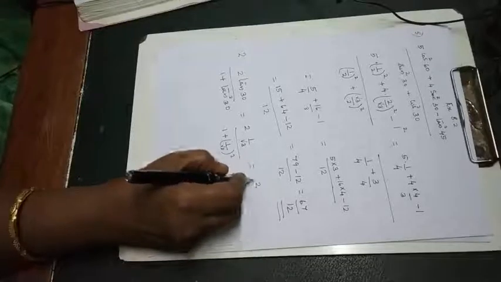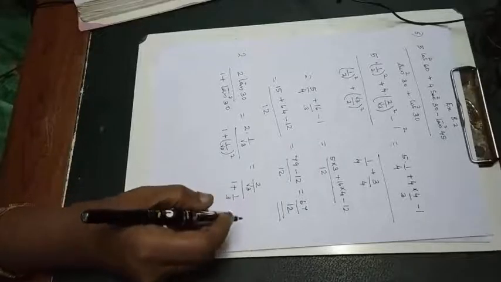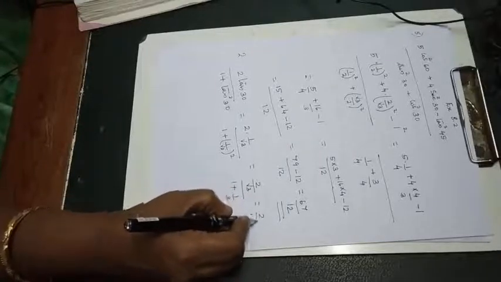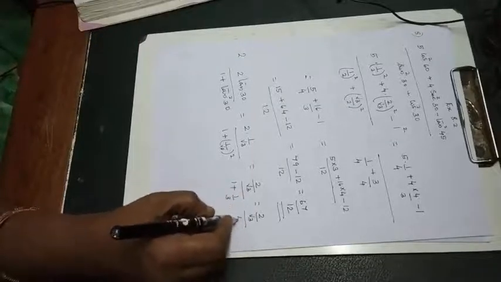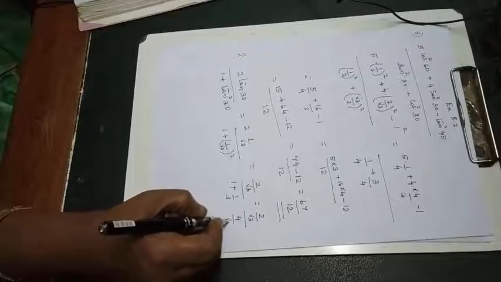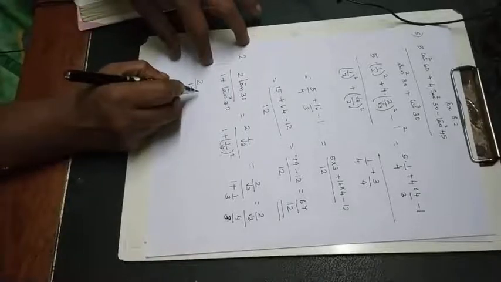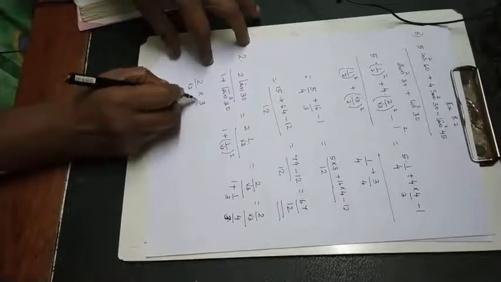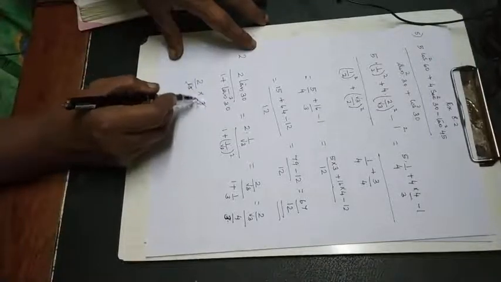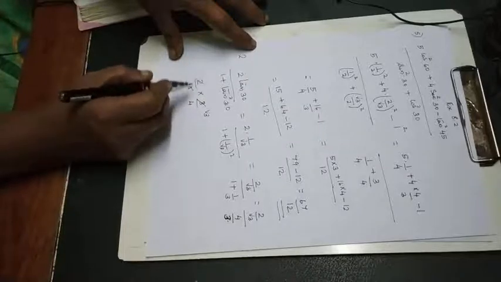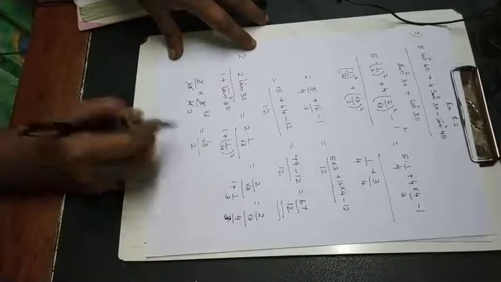So it will be 2 by root 3 over 1 plus 1 by 3, or 2 by root 3 over 4 by 3. So 2 by root 3 cross multiply 3 by 4. So root 3 you can cancel here, root 3 will come, and 2 you can cancel here, 2 will come. So final answer will be root 3 by 2.